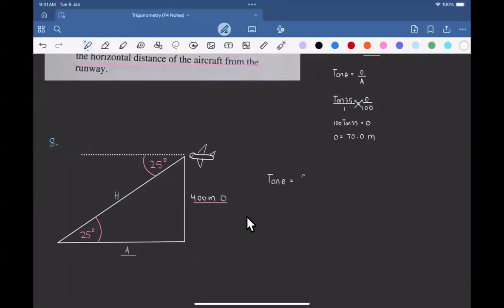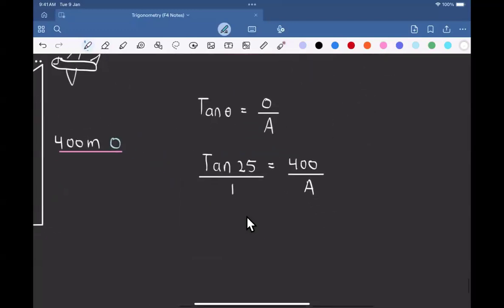So tan theta is equal to opposite over adjacent. What is my angle? 25. So tan 25 is equal to 400 over A. Whenever you have this, cross multiply, so you put A over 1.